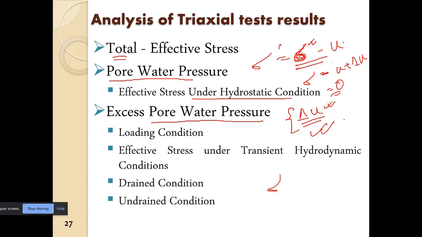So effective stress becomes equal to 0, and the soil behaves like a viscous liquid. That is the case of liquefaction. We will come to that in the later chapters, but just to show you that this is a very important parameter and we need to know how it develops and how it affects the behavior of the soil.